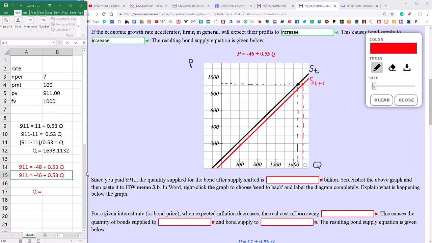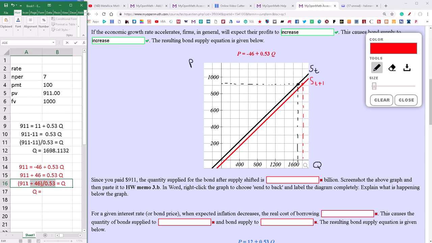So I'm going to add 46 to both sides. And this becomes plus, right? And then I'll copy this and paste it here. And so what we get is 911 plus 46 divided by 0.53 equal to Q, right?